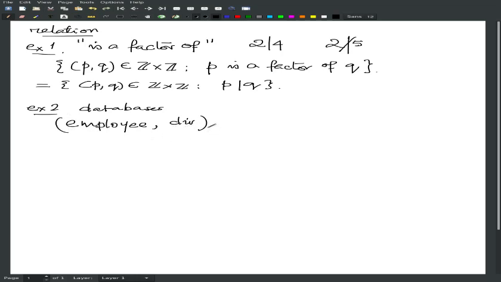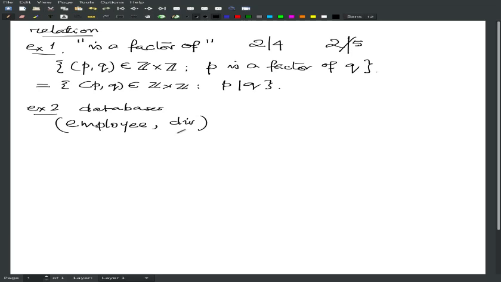And there will be many. So the collection of these pairs precisely tells me which employees belong to which division and so on.